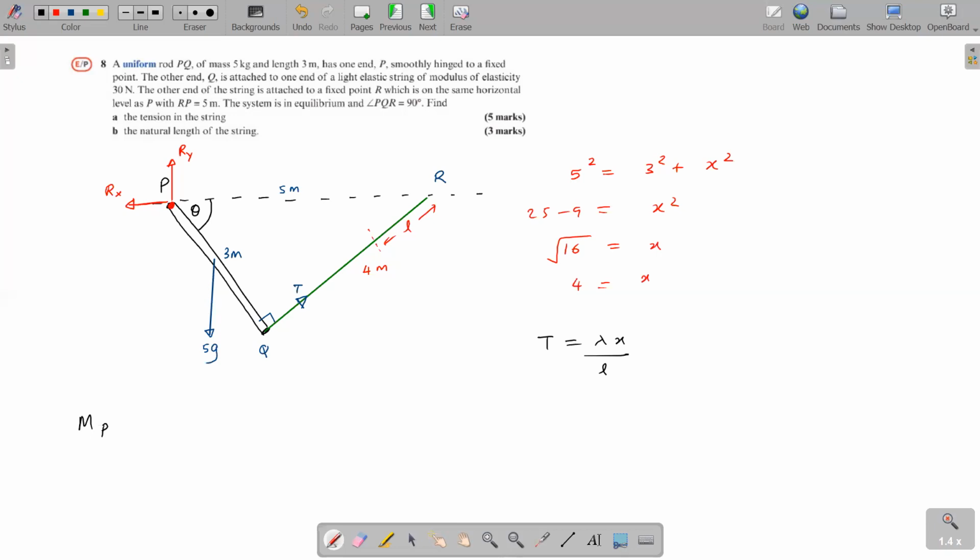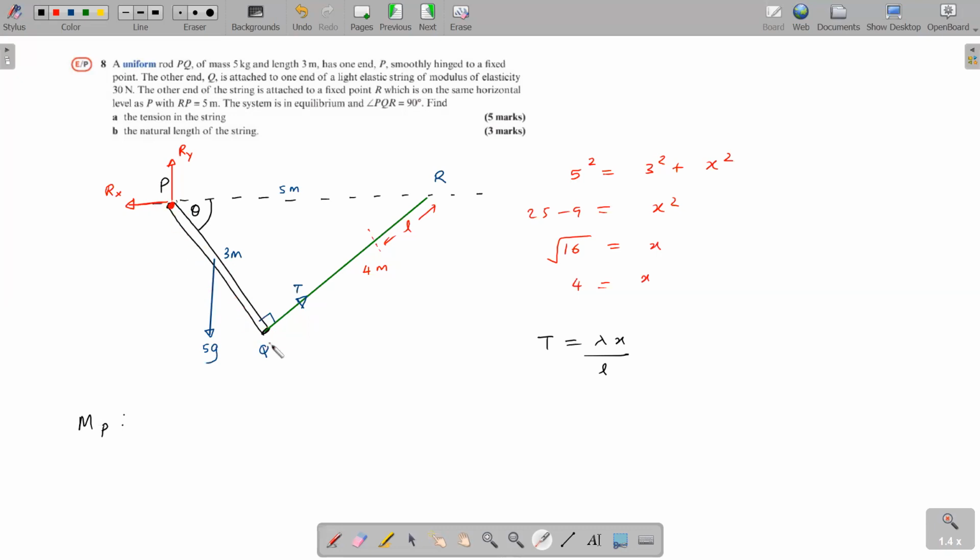Moment is force times its perpendicular distance. So you have to get the force times its perpendicular distance. First, I'm taking moments around P, and let's consider the force T. Do we know the perpendicular distance from force T to point P?